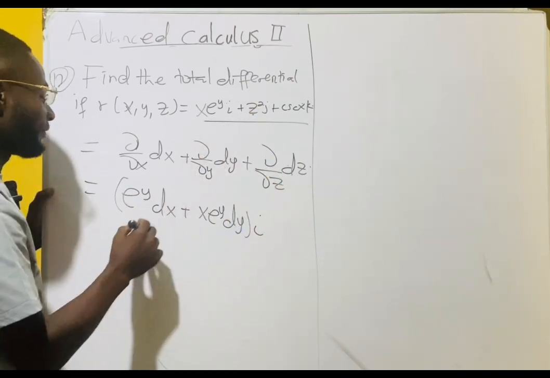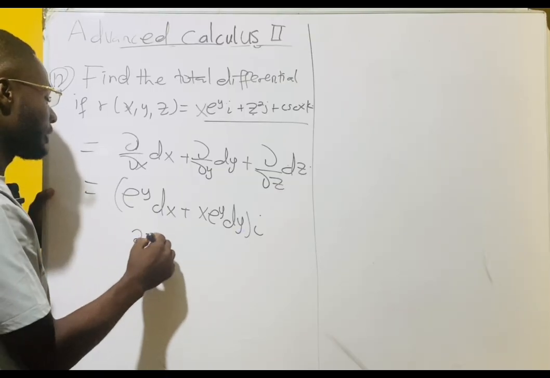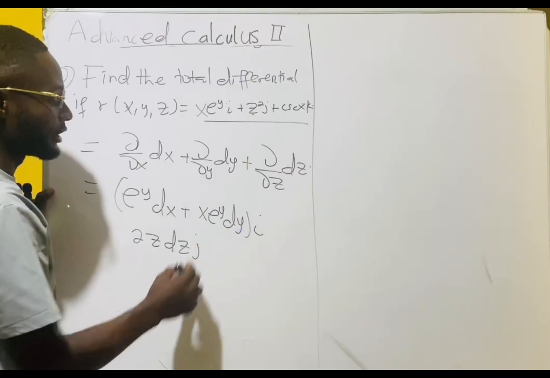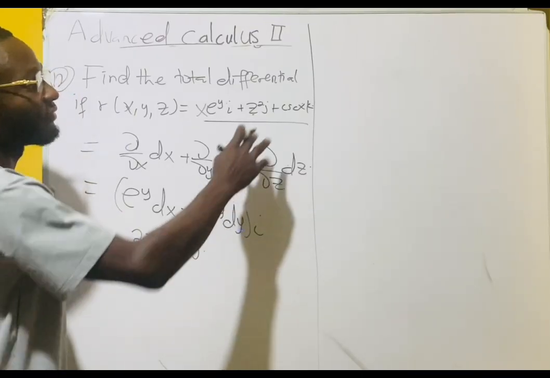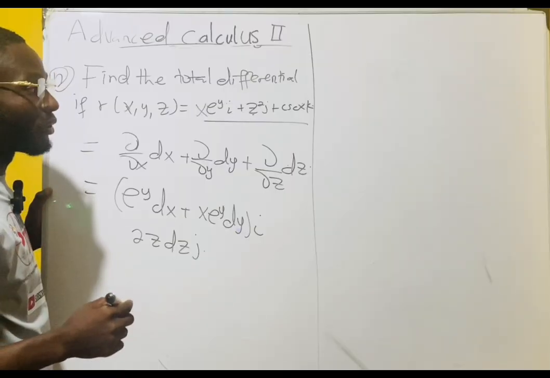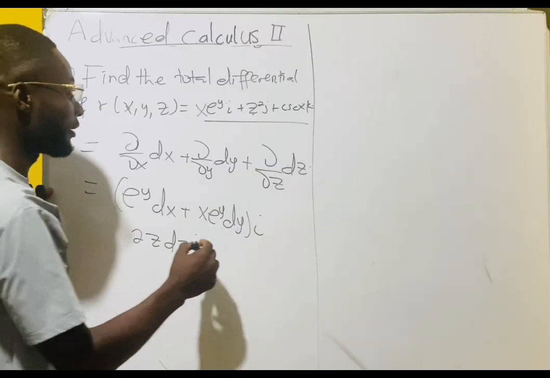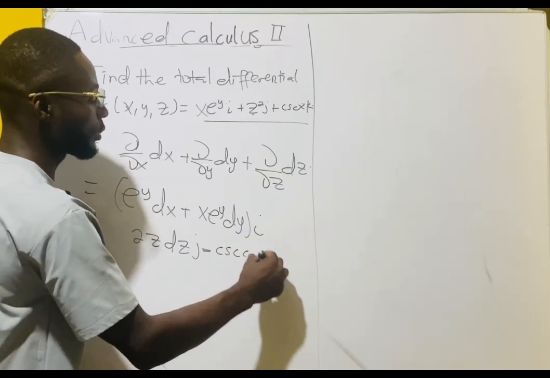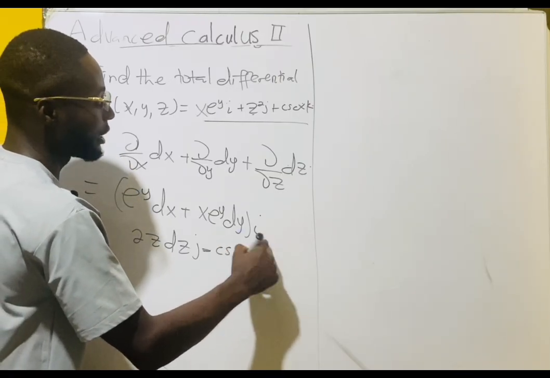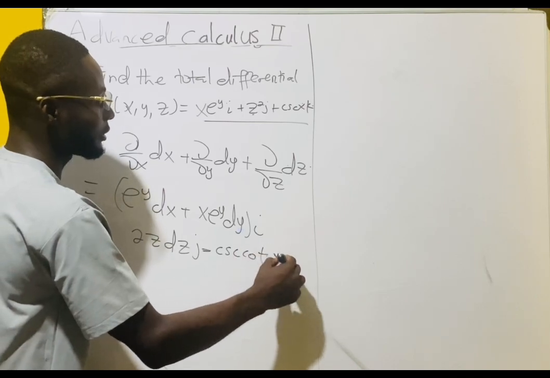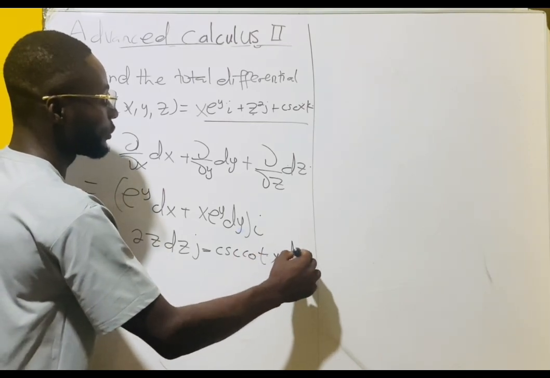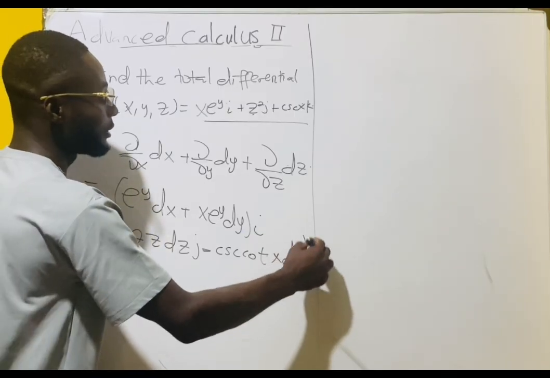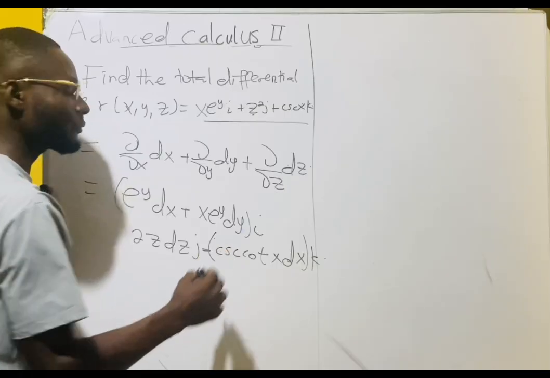And the second part we differentiate with respect to z, so we have 2z dz, this is the j part, plus, you know that when you differentiate csc x, you're going to have minus csc cot x, and this is times the total differential dx. So this is the k component.